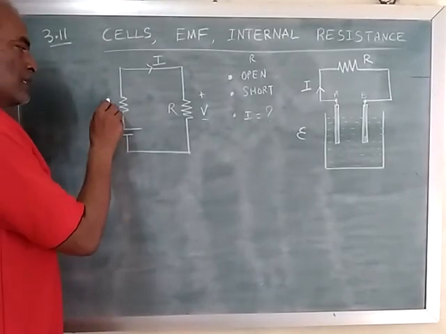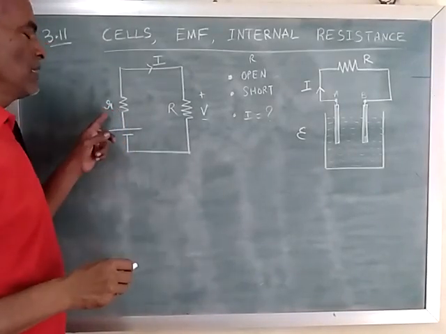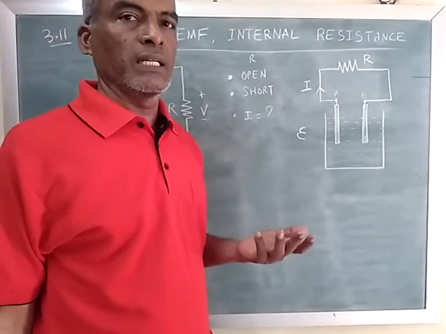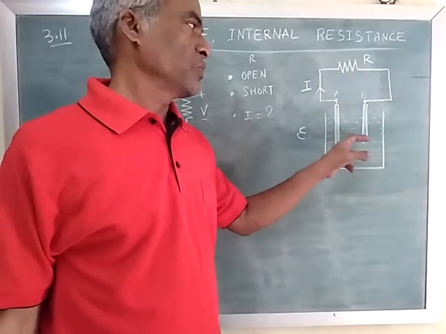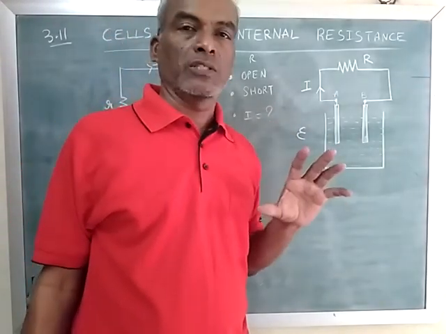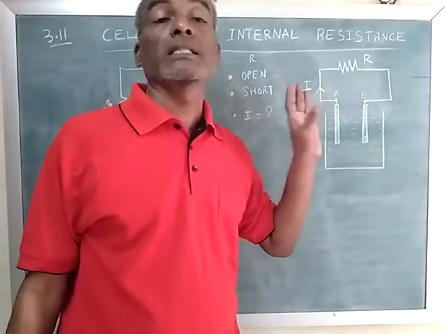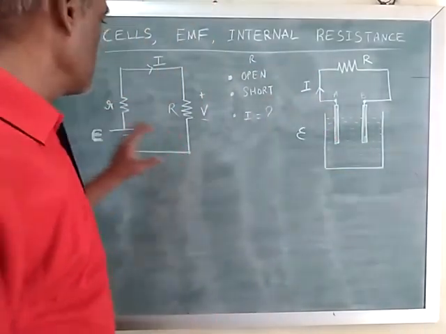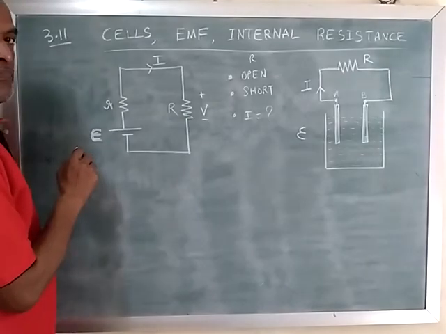And this r is the internal resistance of the cell. So I already told you what is internal resistance. These 2 electrode resistances plus the electrolyte's own resistance. So totally we have 3 resistances for the cell itself. So the total resistance we are representing by r.